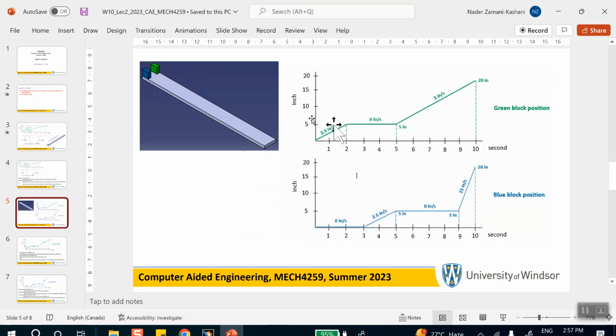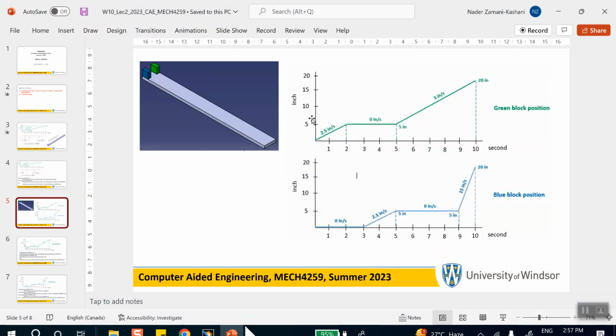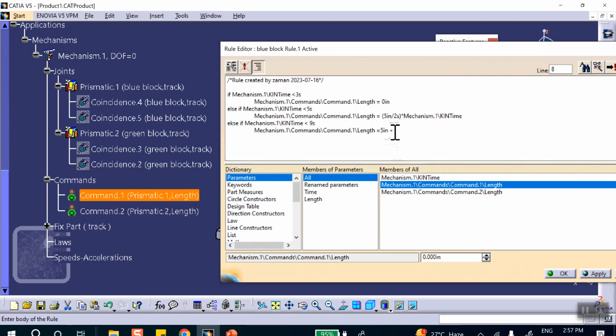So that starts at the height of 5, so it's going to be 5 inches plus, now what is that speed here? It's going to stay there. So it's just going to be 5 inches. Enter.